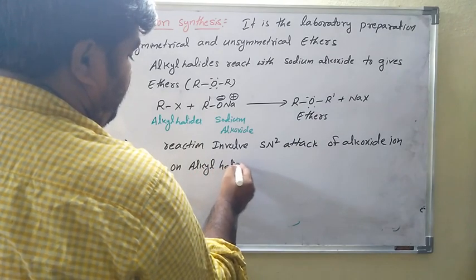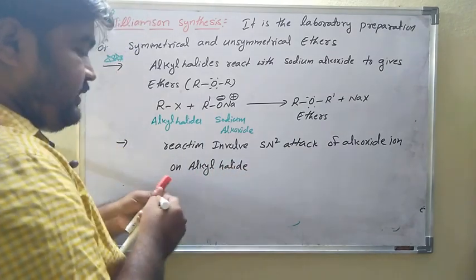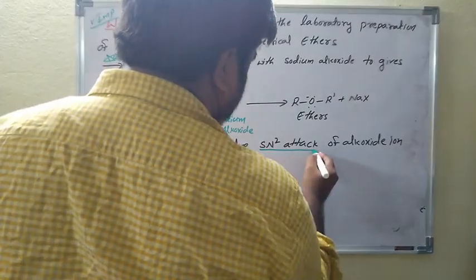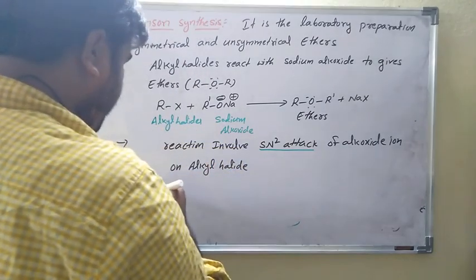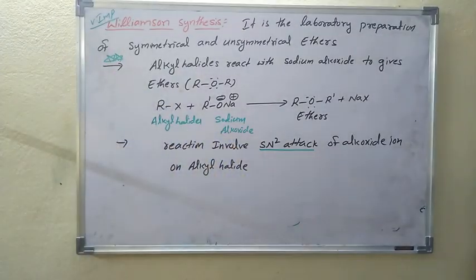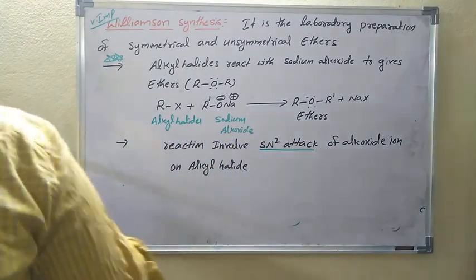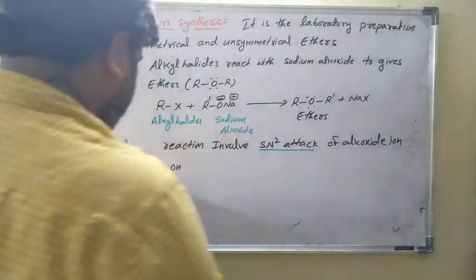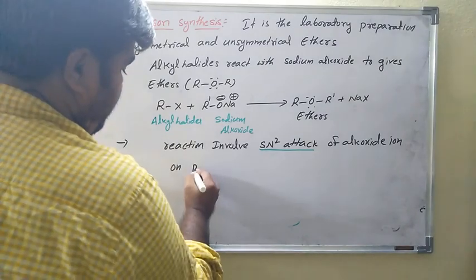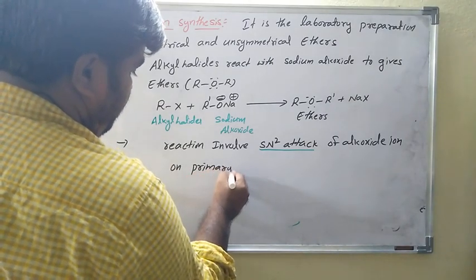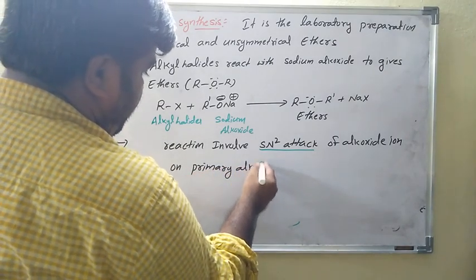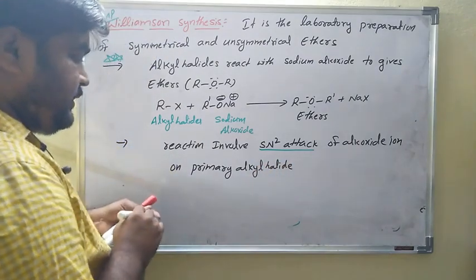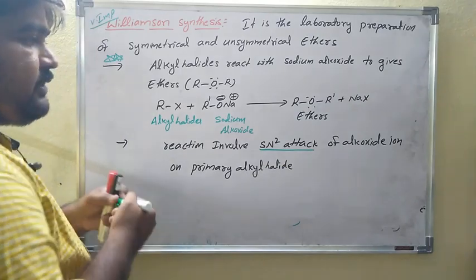What is involved is the SN2 attack. So this is a very important point. The reaction involves SN2 attack of the alkoxide ion.